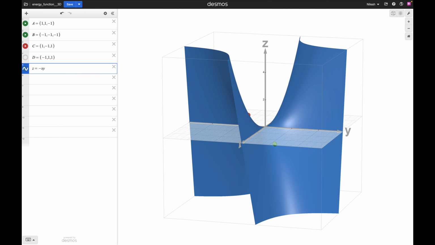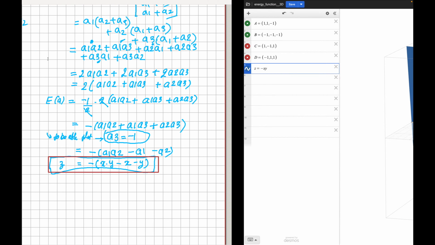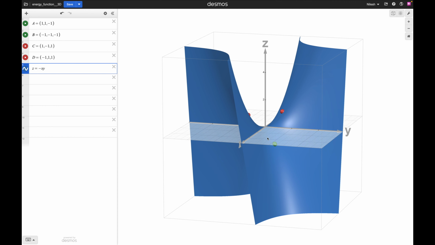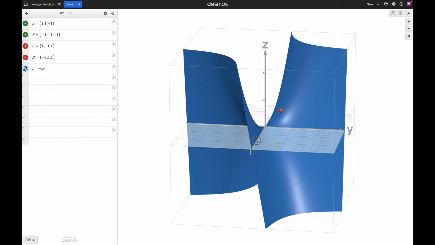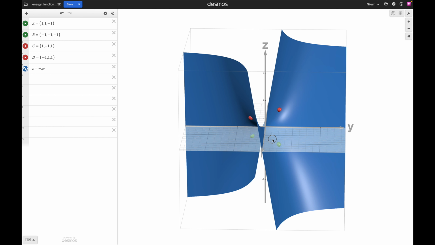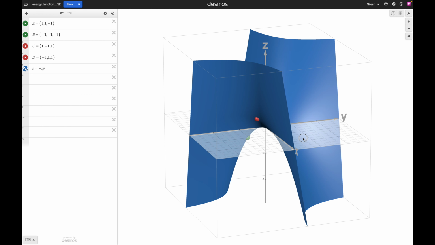So let's get the second one also. So E of A, and here we say that minus A1 is -1 and A2 remains 1. So again in this case as well we get a +1 in the output. So both C and D are up in the energy plot, where they are on the rising side, not in the valley, they are along the peak.